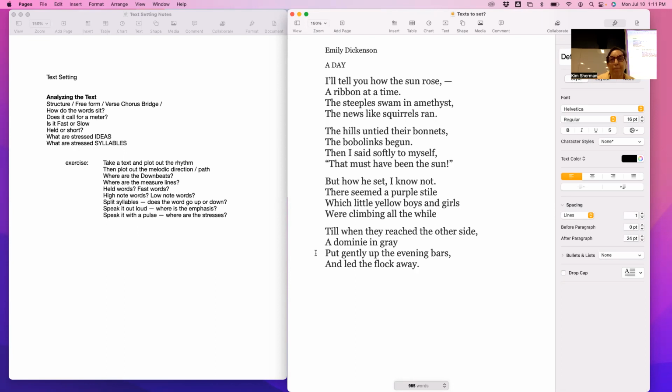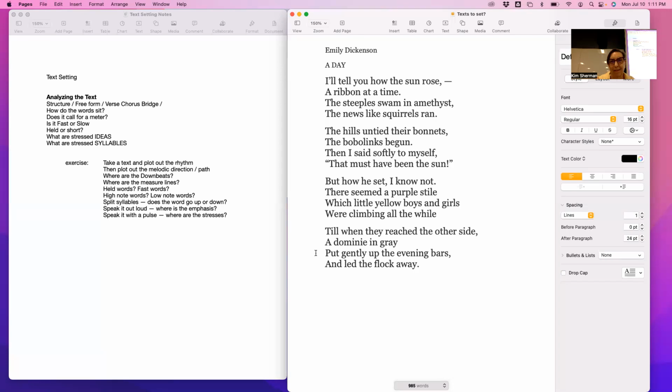The day. I'll tell you how the sun rose, a ribbon at a time. The steeples swam in amethyst, the news like squirrels. The hills untied their bonnets, the bobolinks begun.